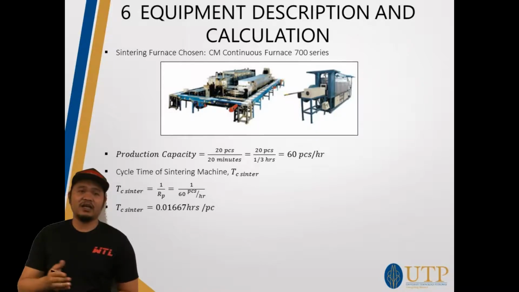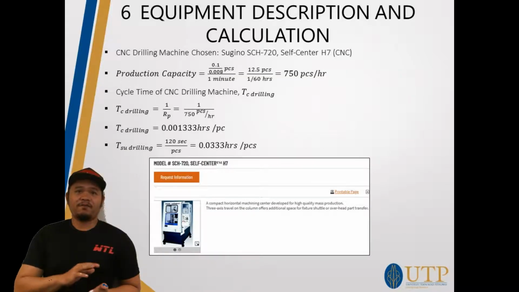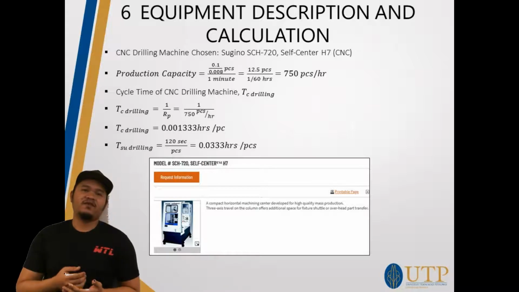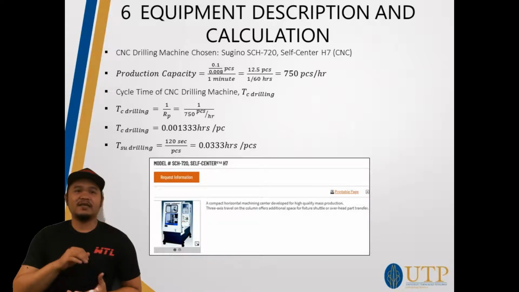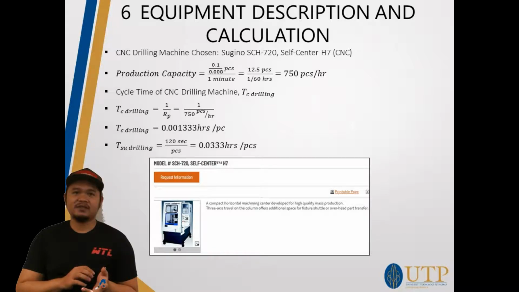And next we're going to talk about the CNC. In CNC, we can get the production capacity around 750 pieces per hour, and the cycle time we get is 0.001333 hour per piece. Then we choose setup time as 120 seconds per piece, so it's 0.00333 hour per piece.